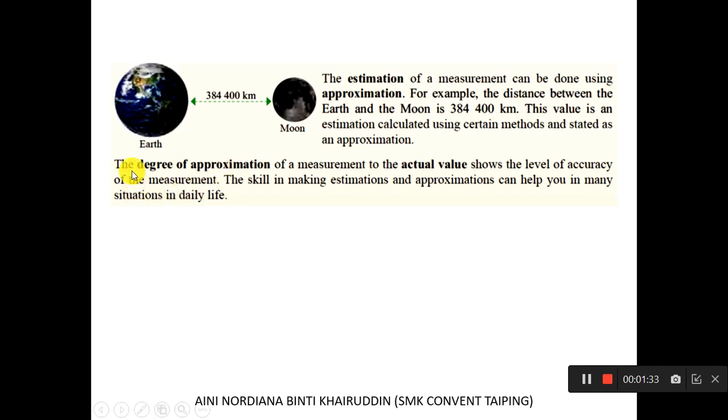The degree of approximation of a measurement to the actual value shows the level of accuracy of the measurement. The skill in making estimations and approximations can help you in many situations in daily life.